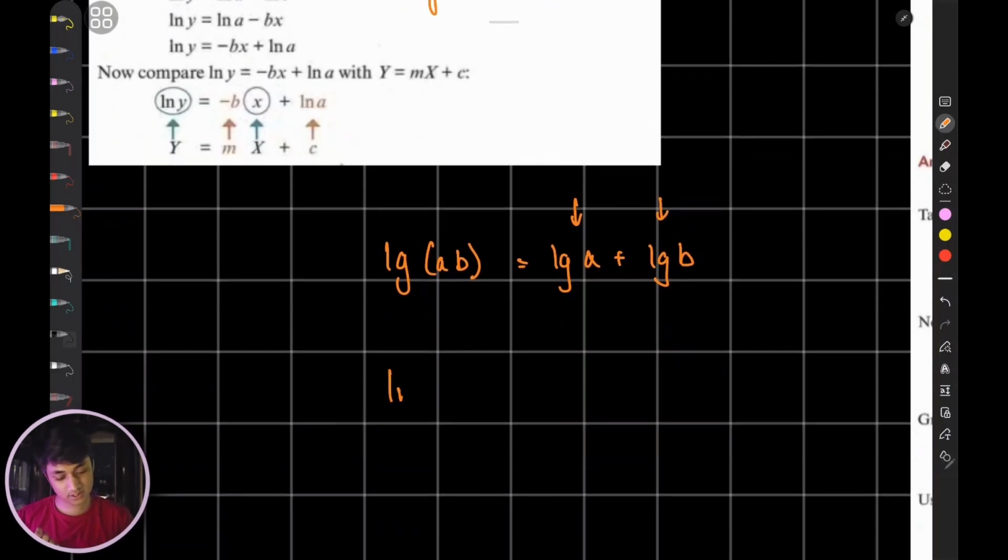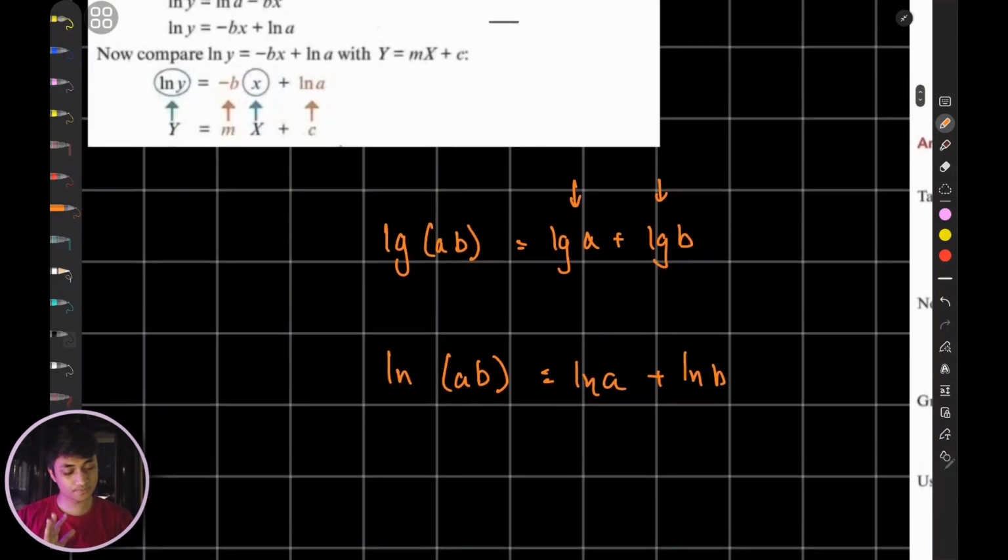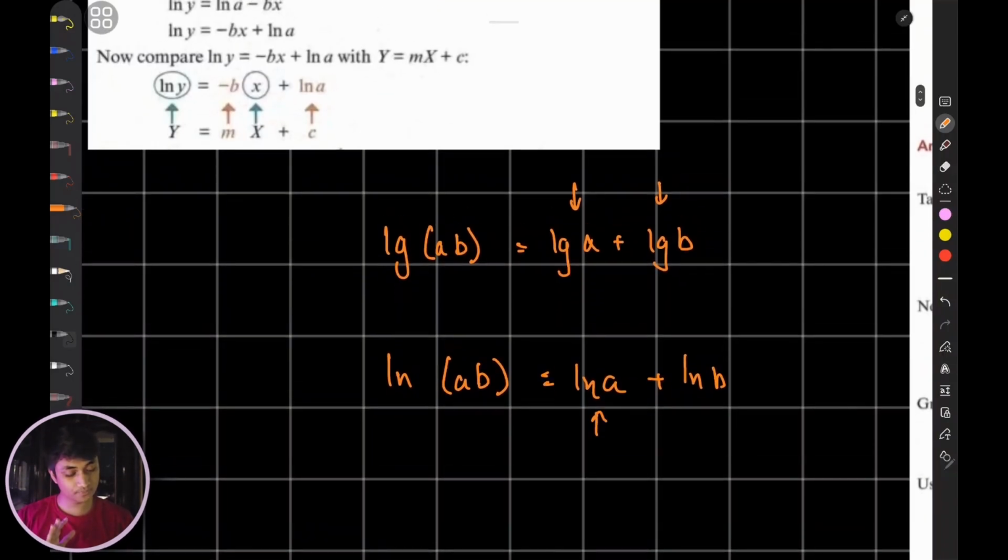If I write this in terms of the ln function, this basically means whenever you have the same base, over here what's the base? e. Over here what's the base? e, right? So in either case, notice the term may be different. In one it is A, in the other it is B, but the base is the same.